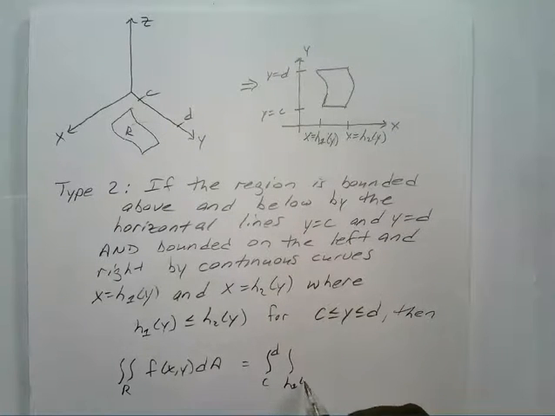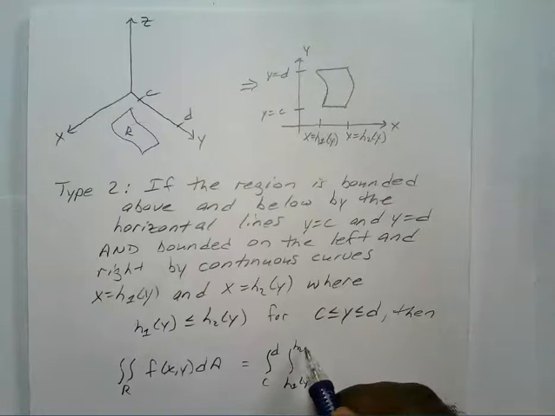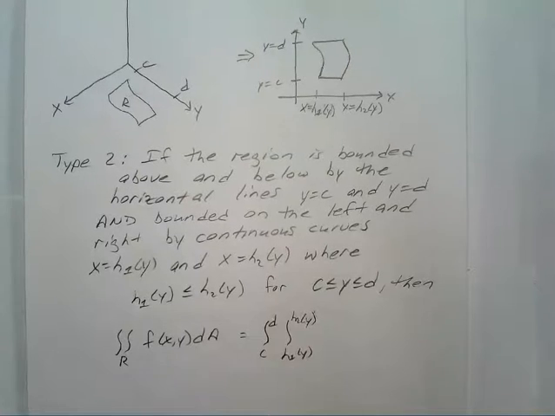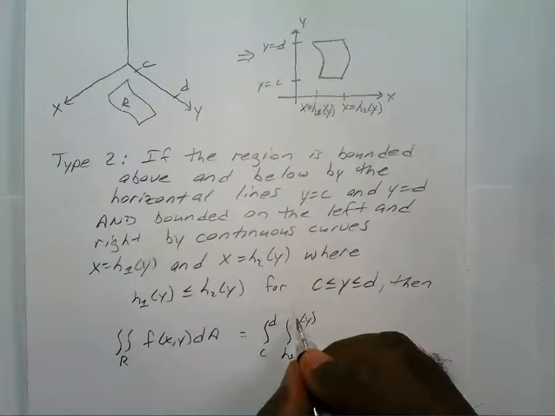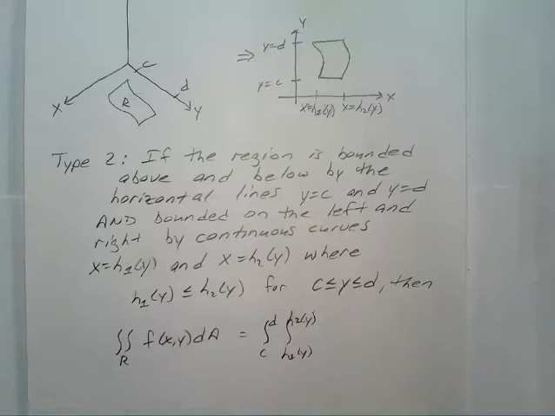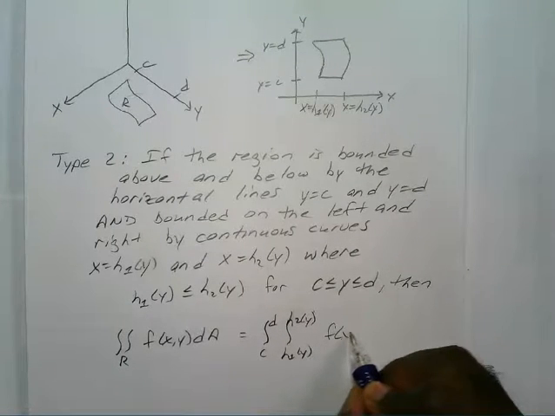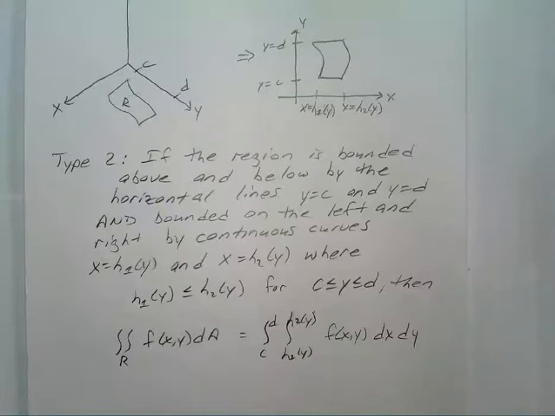That's our first function to our second function. Let me clean that up a little bit. That should be a 2. There we go. And that's f of xy with respect to x, with respect to y.